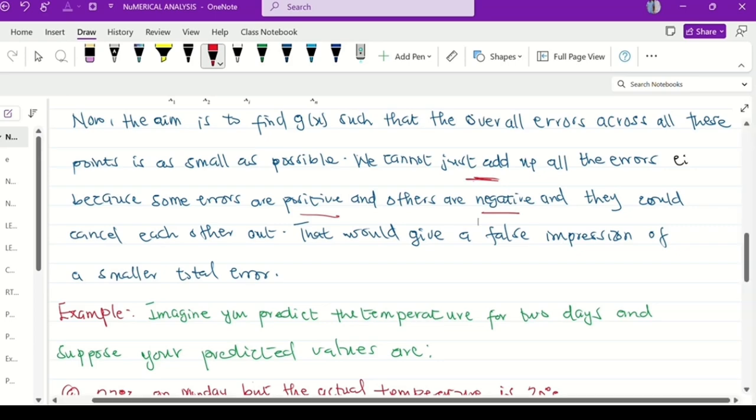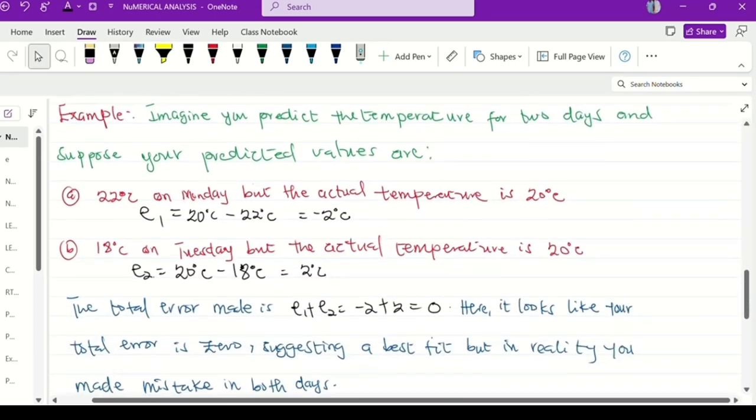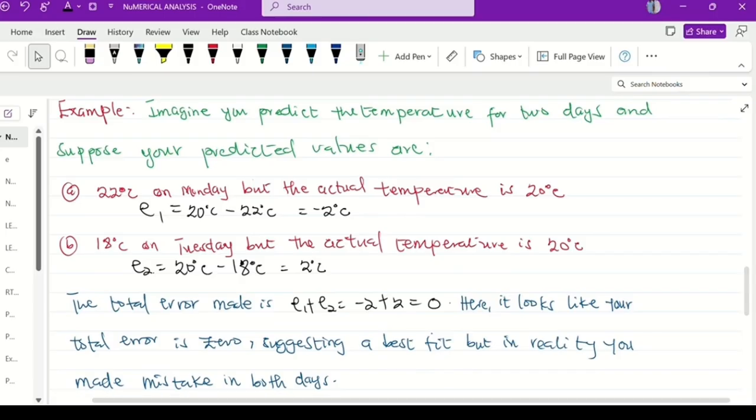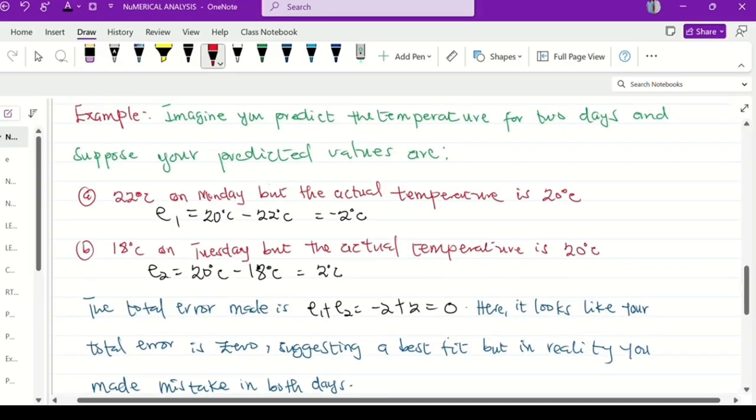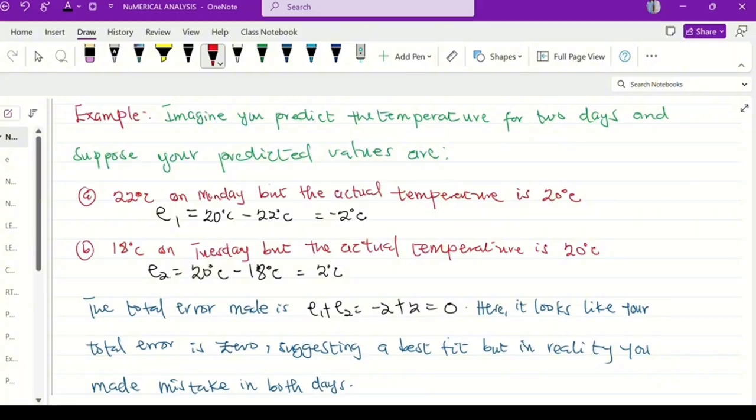So let's also consider this practical example so that we understand the statement that we just made. Imagine you predict the temperature for 2 days. Suppose your predicted value is 22 degrees Celsius on Monday, but the actual temperature is 20 degrees Celsius.